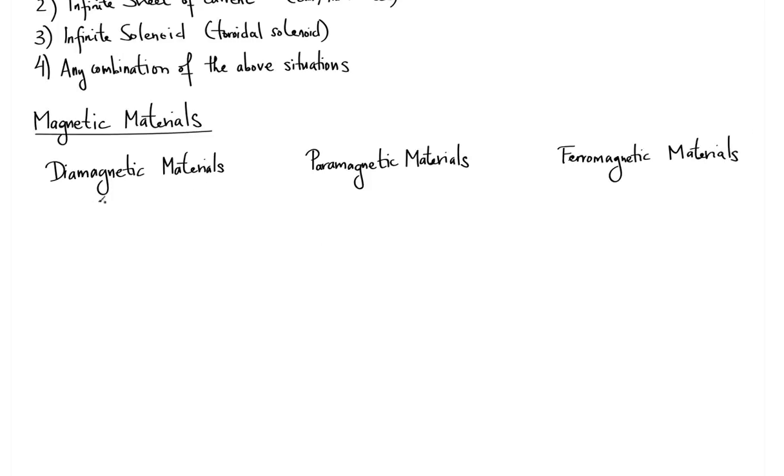Actually, the theory for whether a material is diamagnetic, paramagnetic, or ferromagnetic is very interesting. It involves a lot of quantum mechanics. For those of you studying chemistry or material science, you'll learn about quantum mechanics and the atomic shell structure of materials.